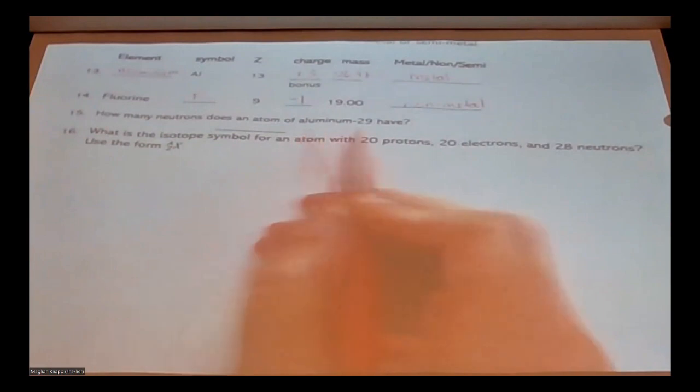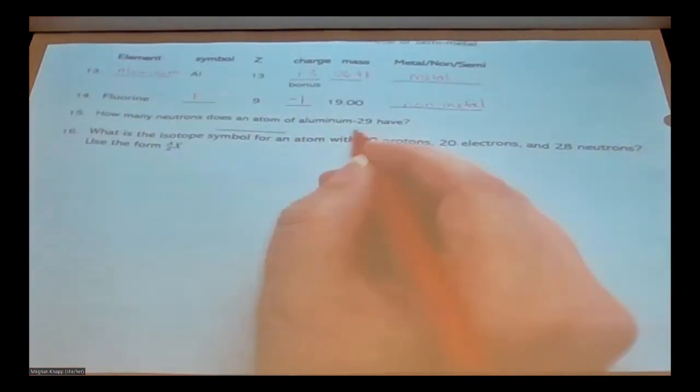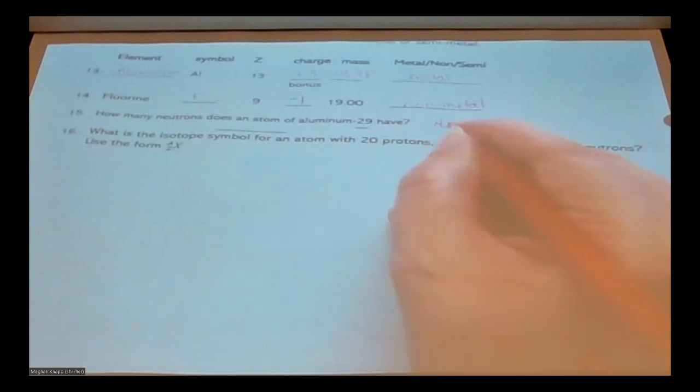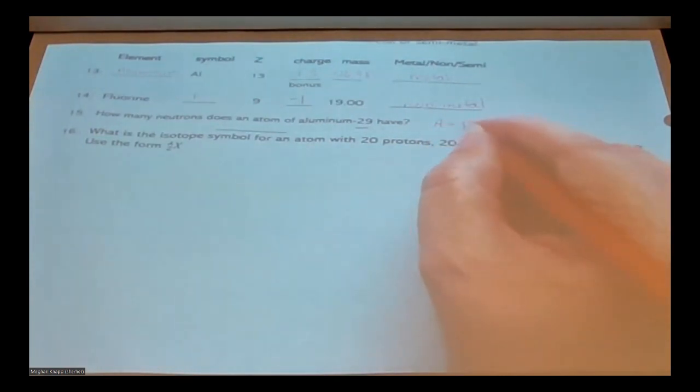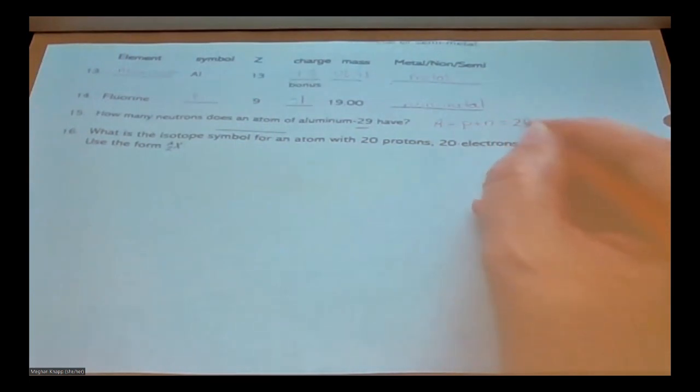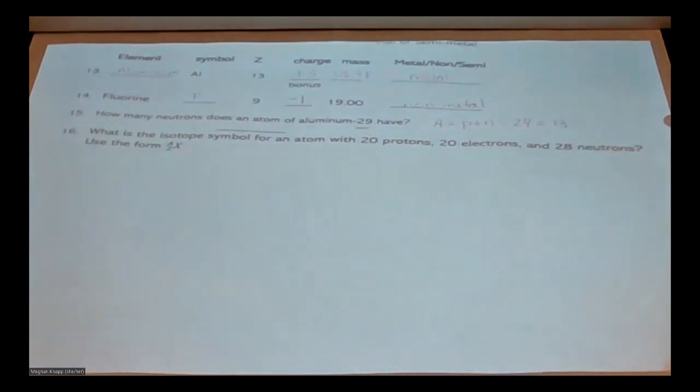All right, how many neutrons does an atom of aluminum 29 have? Now, this 29 is that atomic number. We know the atomic number is equal to protons plus neutrons. Okay, so 29 is equal to 13, because aluminum is element 13, plus neutrons.